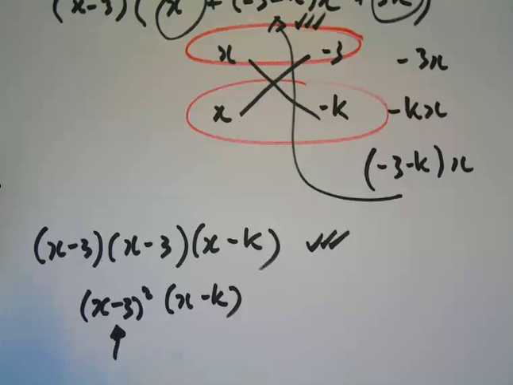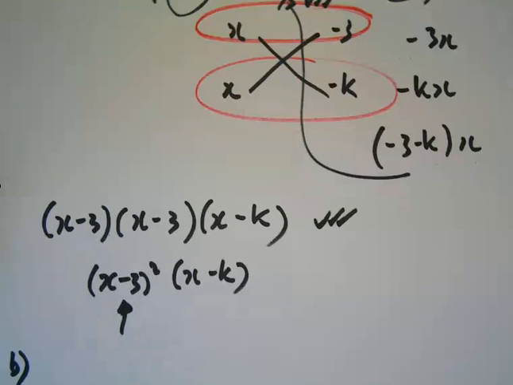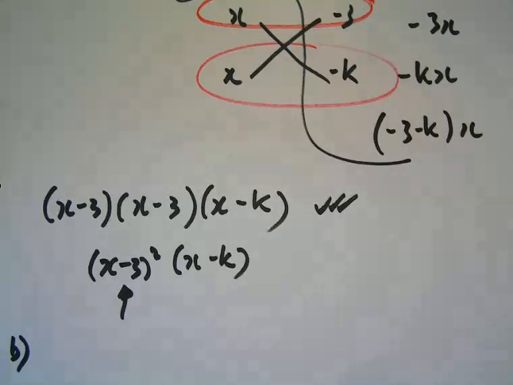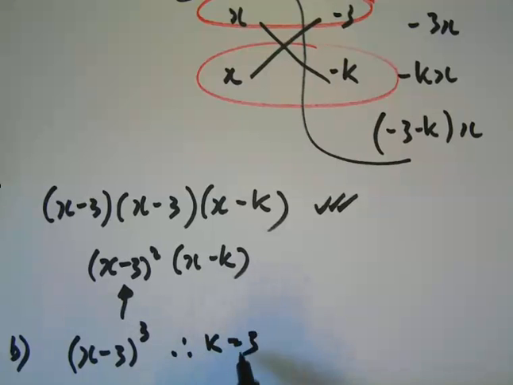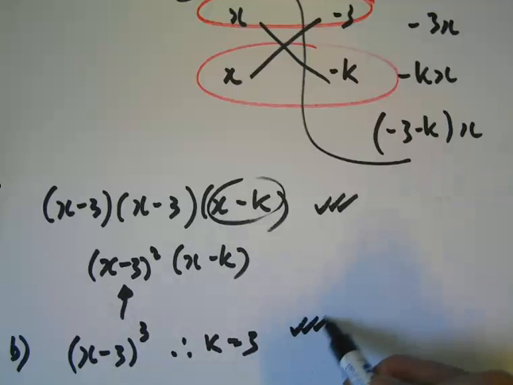To do part B, it says find k so that it's a perfect cubic. Well, if it's a perfect cubic, it's got to be x minus 3 to the power of 3. Therefore, k has to equal 3. And if k equaled 3, that there would be x minus 3. So k equals 3 is the answer.